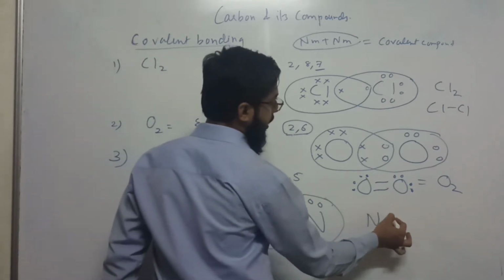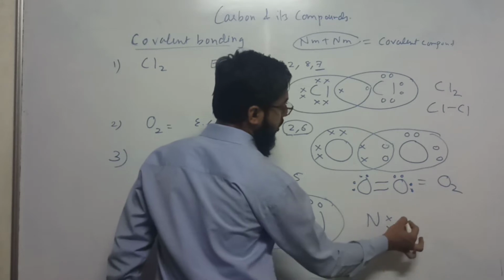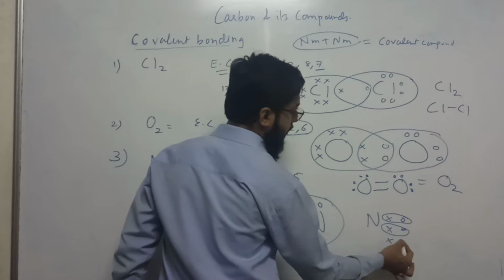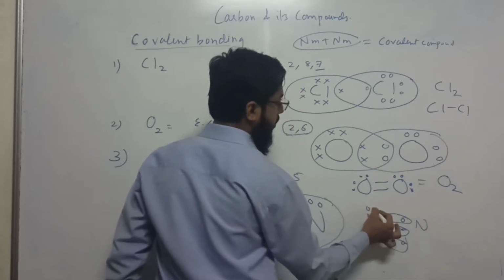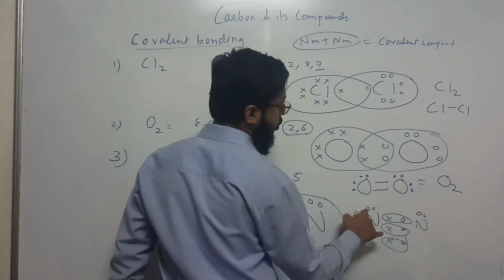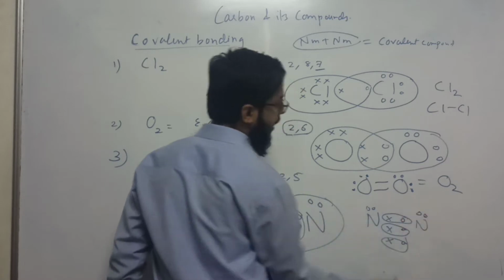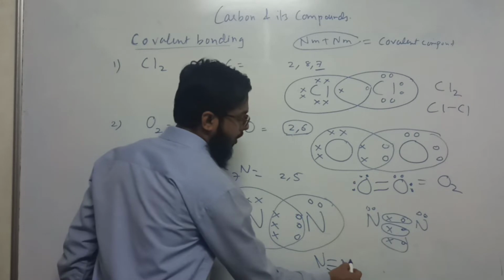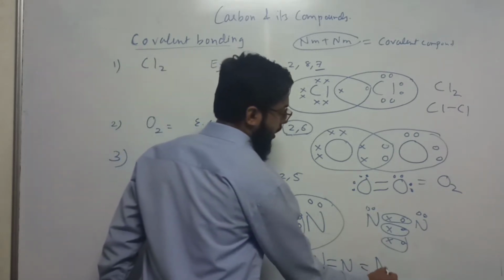But here 3 electron pairs are shared between the 2 nitrogen atoms. These are known as lone pairs of electrons, which do not take part in bond formation. So nitrogen has a triple bond between the 2 atoms.